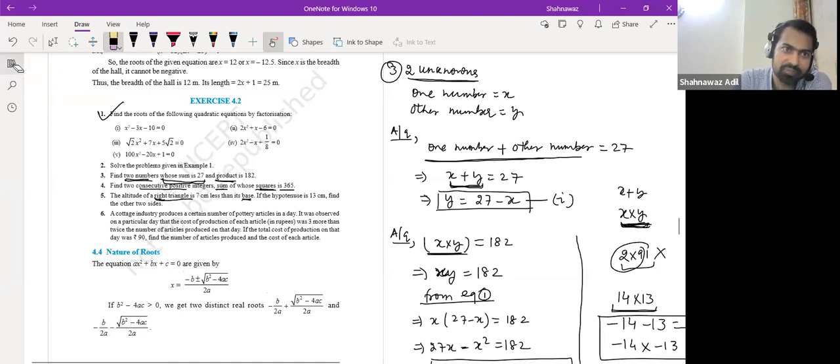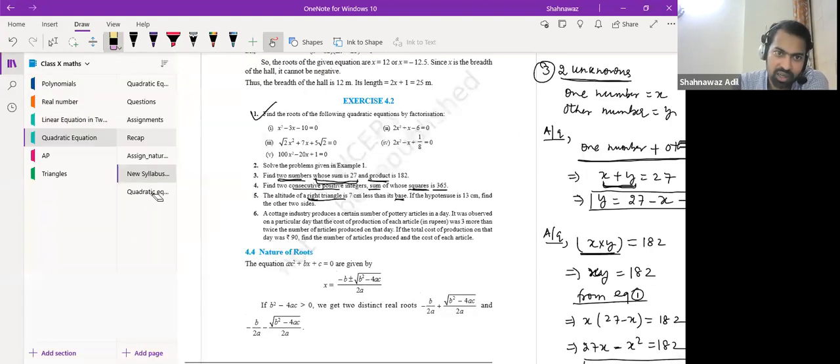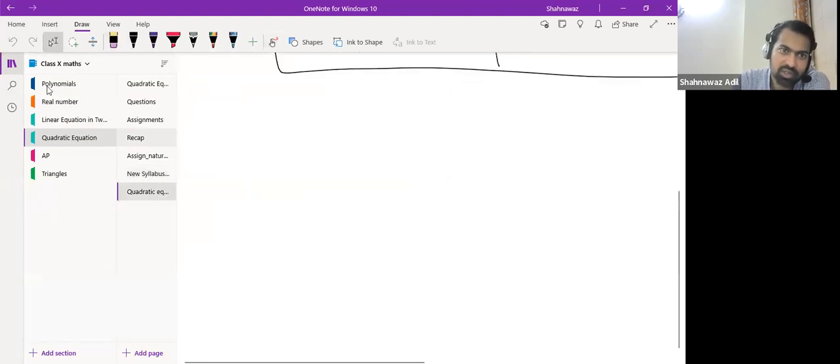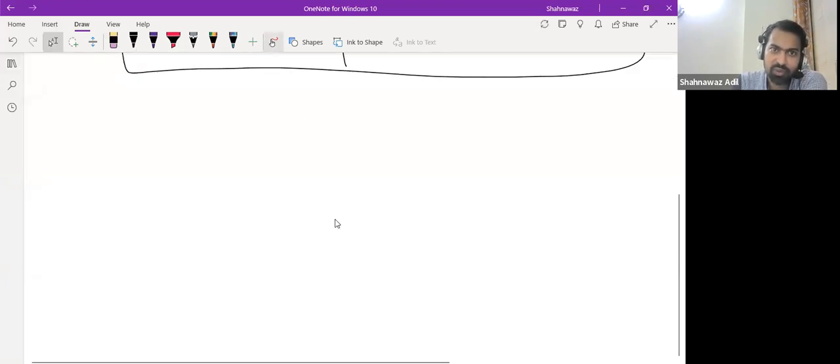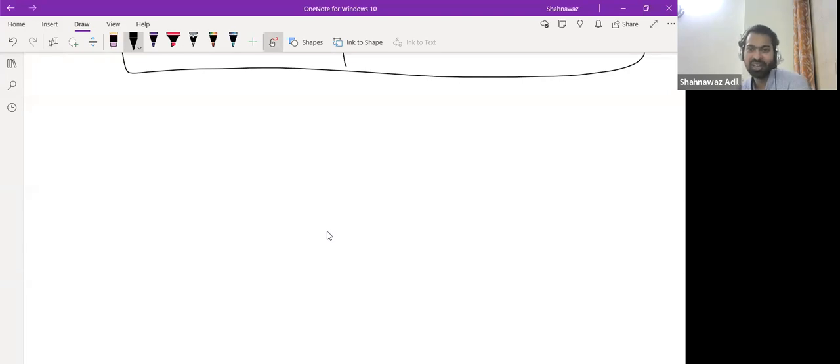Now let us come to the nature of roots. In the nature of roots, we talk about what kind of solution we get for the quadratic equation. So we have a quadratic equation, right?